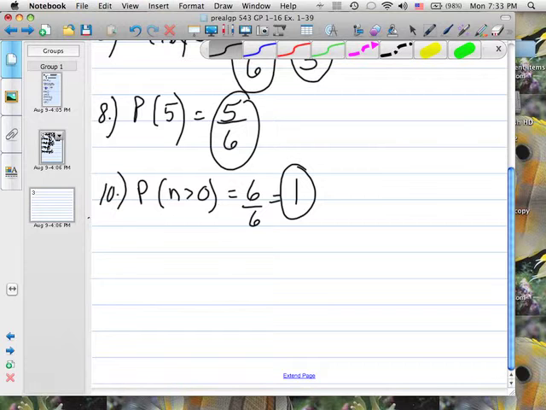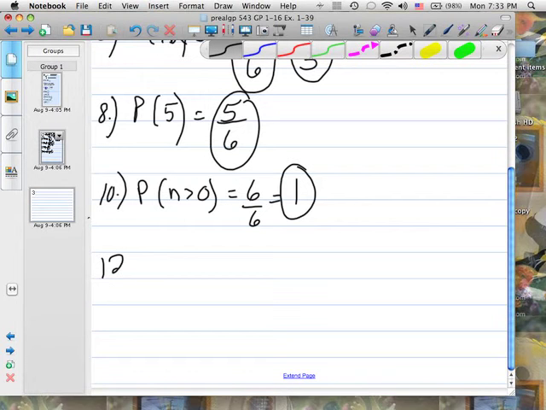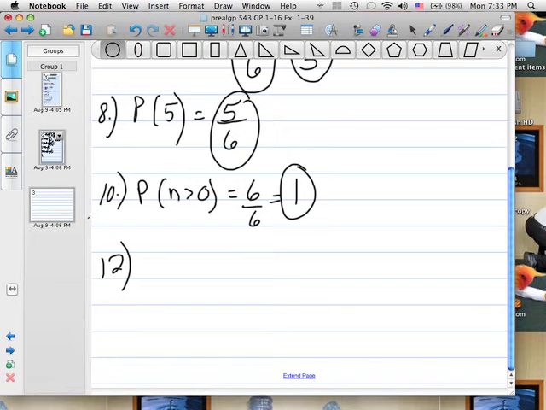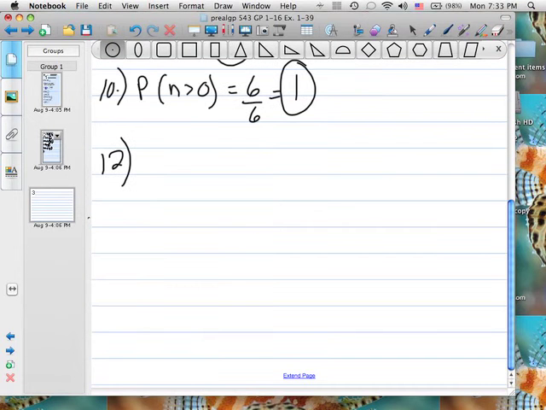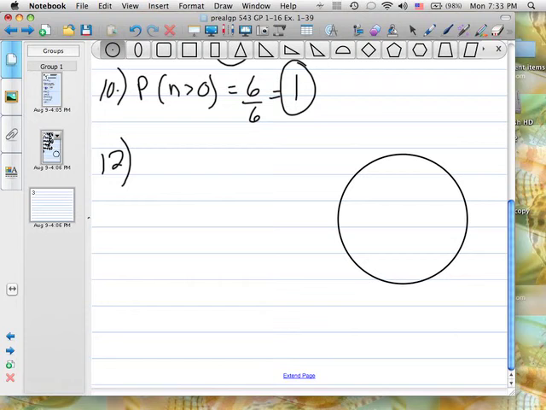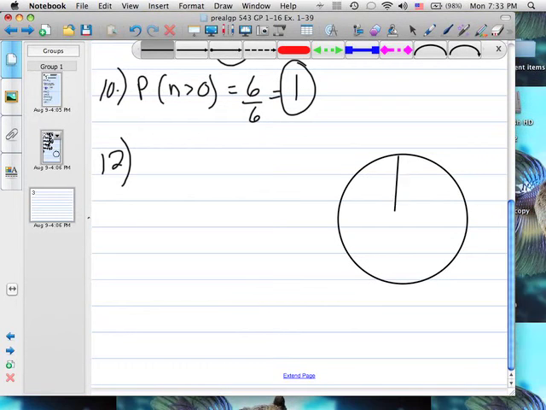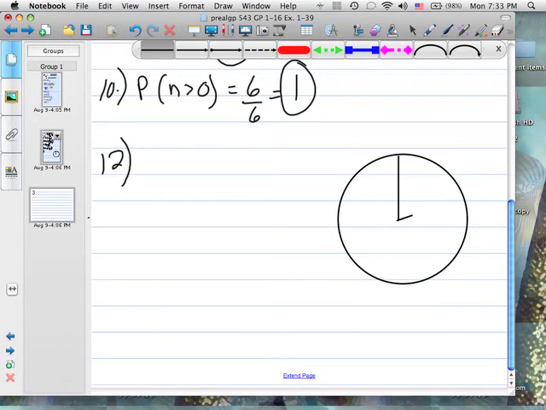The next section, we have a spinner again. And it's divided into 5 sections, each the same size.